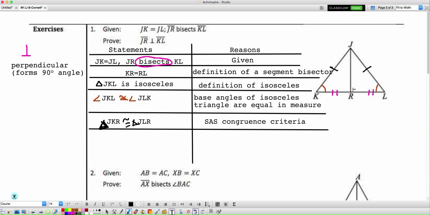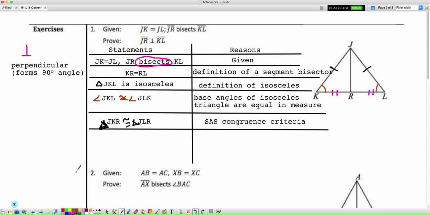After that, you can say, well, I'm trying to really prove that JR and KL are perpendicular. So I'm trying to prove that this line forms a 90 degree angle with this line, right? So to do that, I'm now going to say, this is where we get a little crazy. I don't know the measures of those two yet, but I could say that this angle here, if I added it to this one, would form a linear pair because they form that straight line.